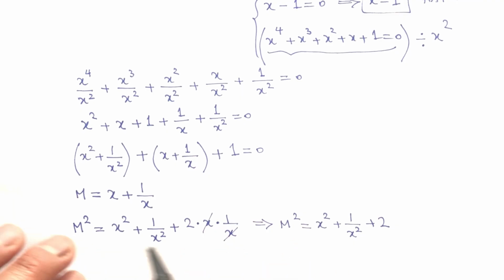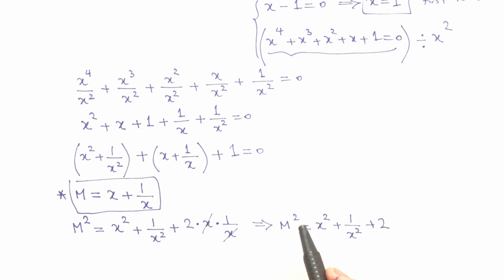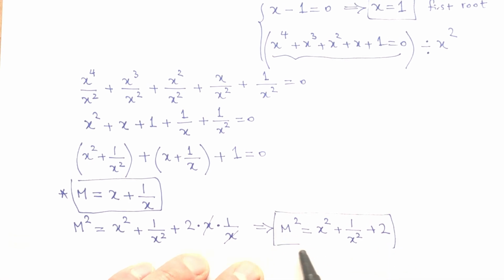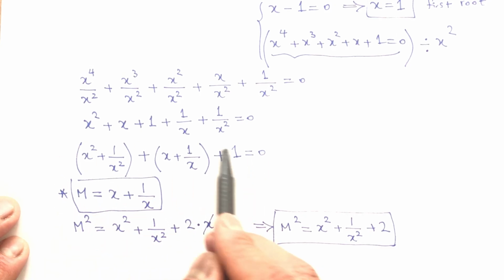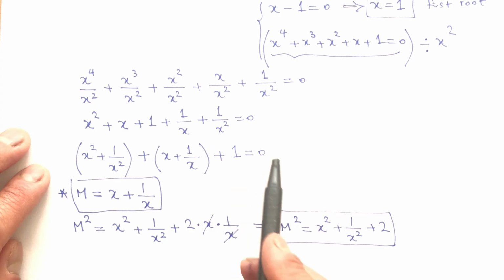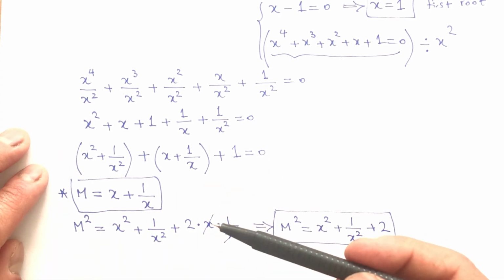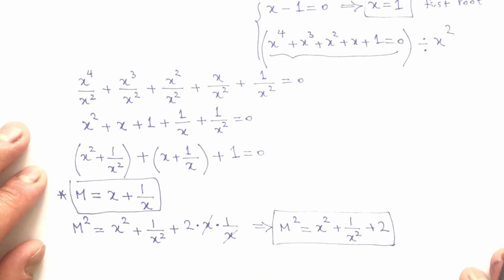Okay, with this m and this m squared, I can go back to the main problem here, and I can find this equation with respect to this m, this new parameter, and I can solve it very easier.